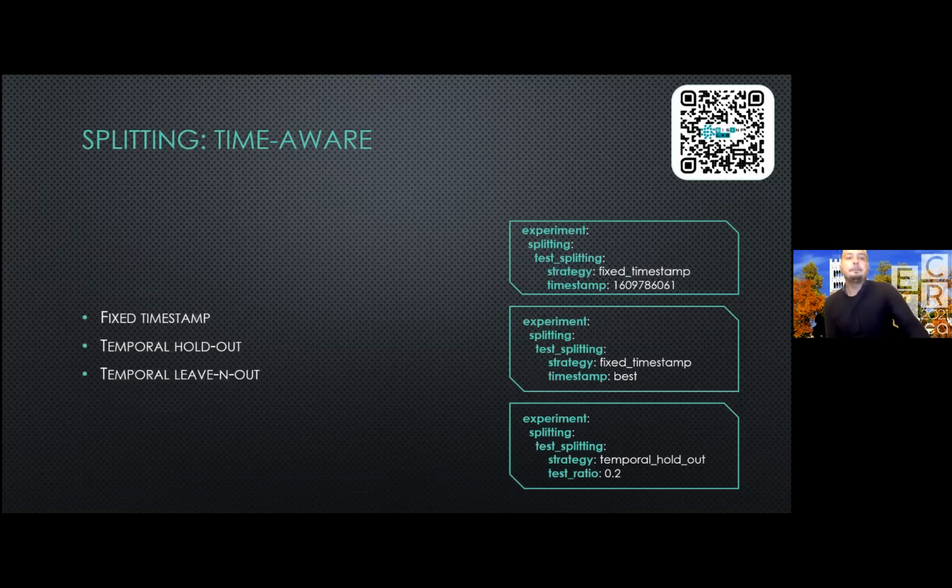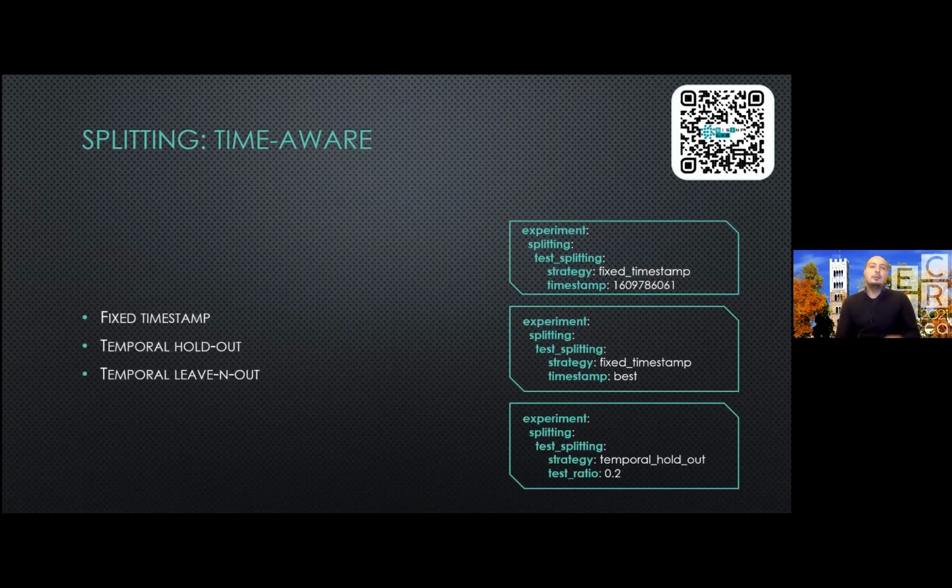Now we can move to the splitting strategies. Here you will see that in the recommendation task we have a lot of different splitting strategies that we can use. The most realistic one, and the one that is mostly used in recent works, is time-aware. What does it mean? It means that we use the temporal signal to define what is in the past of the recommendation model, and so in the training set and the validation set, and what is in the future of the recommendation model.